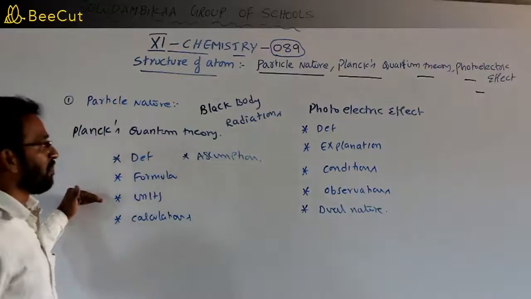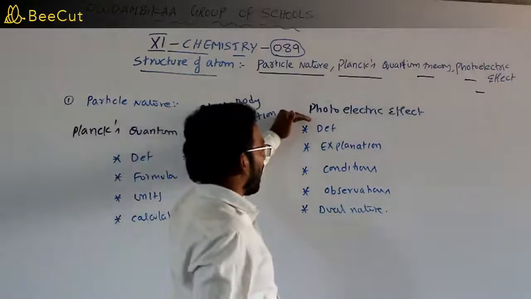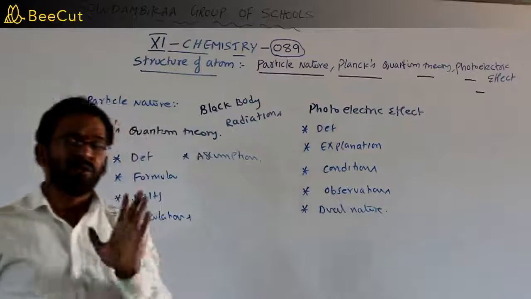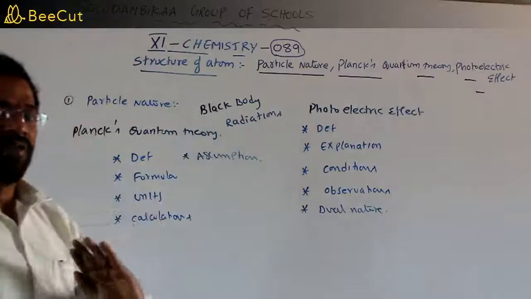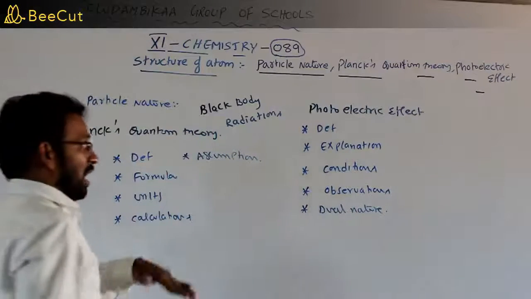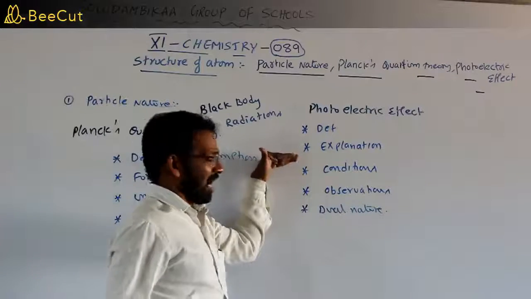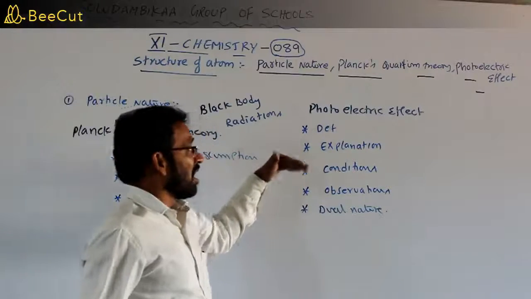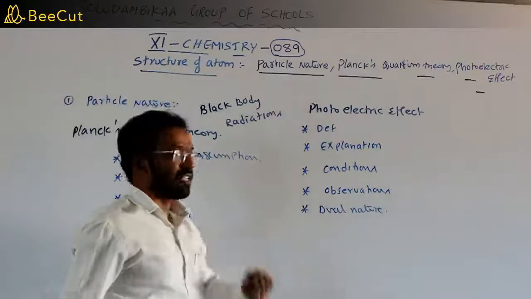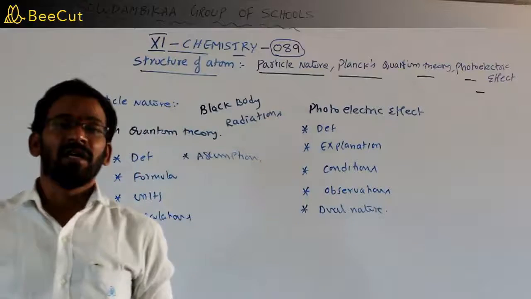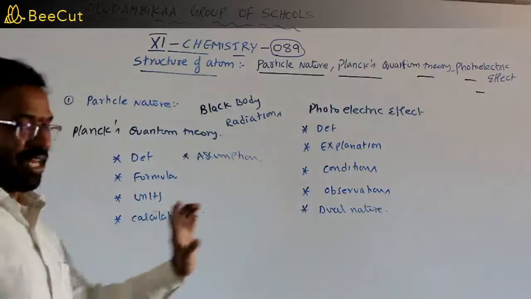quantum theory. Next, coming to the photoelectric effect. What is the photoelectric effect? How are the photoelectrons emitted, the procedure for explanation, conditions and observations, and how the photoelectric effect explains the dual nature of light we can discuss in this class.